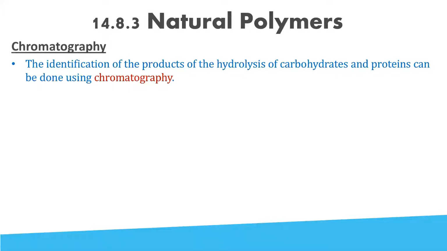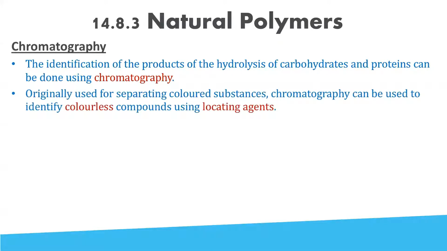If so, how are you able to differentiate that they are different? How are you able to separate them? The main separating technique is chromatography, to identify that the products of hydrolysis of carbohydrates and proteins contain monomers.